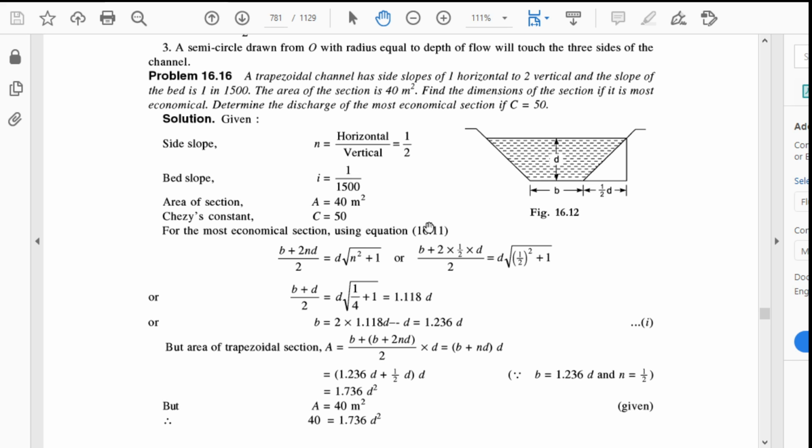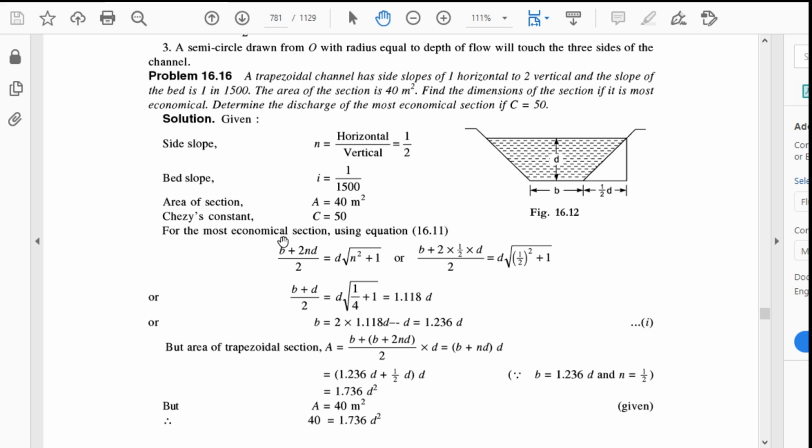That area can be found by using your most economical conditions and also by using the area of trapezoid. And the hydraulic radius or hydraulic mean depth, that is m, can be calculated by using your condition for most economical trapezoidal section.